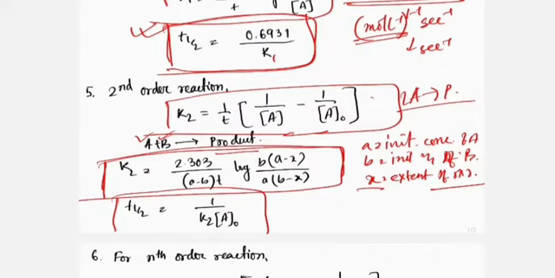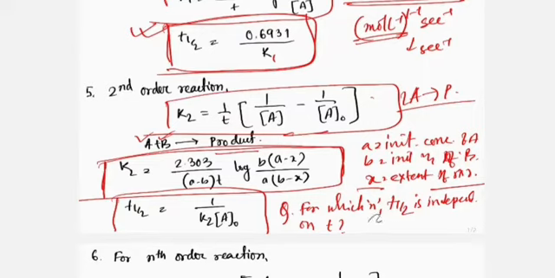So there lies a question: for which n is T half independent of initial concentration? So the answer becomes first order, that is n equals 1.